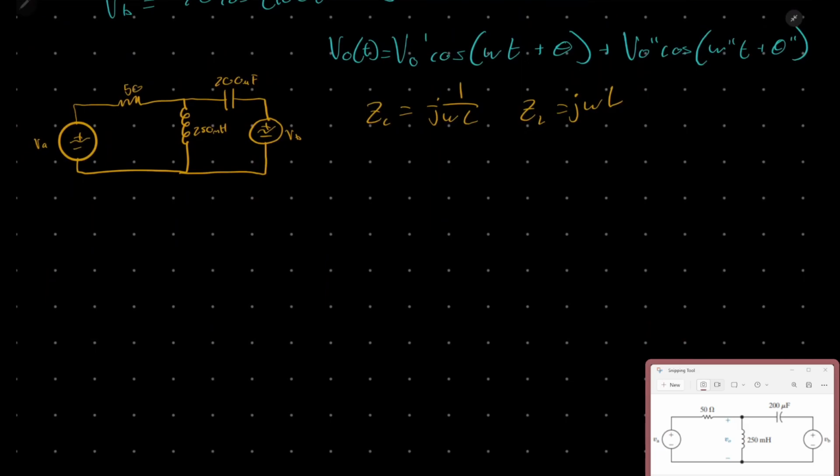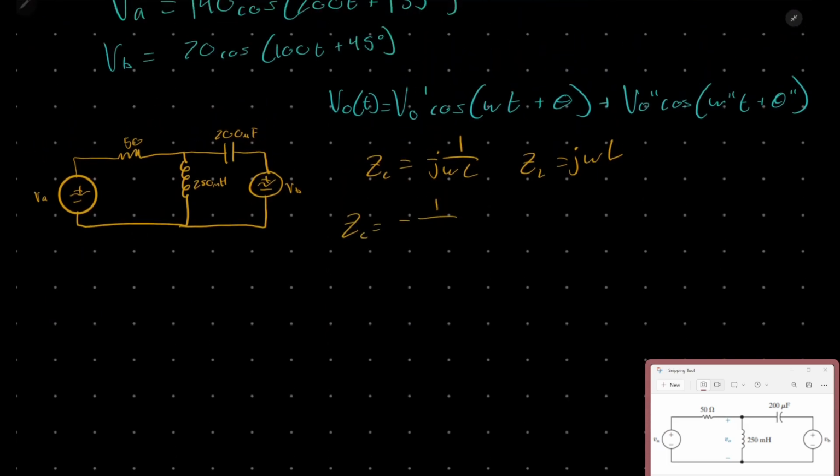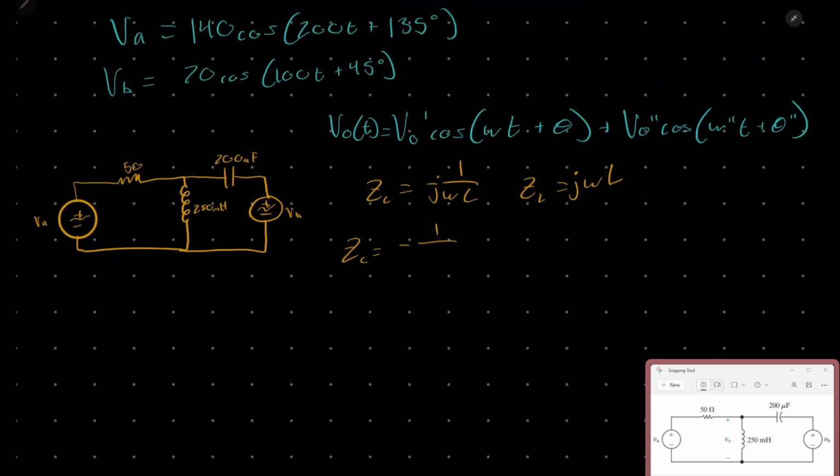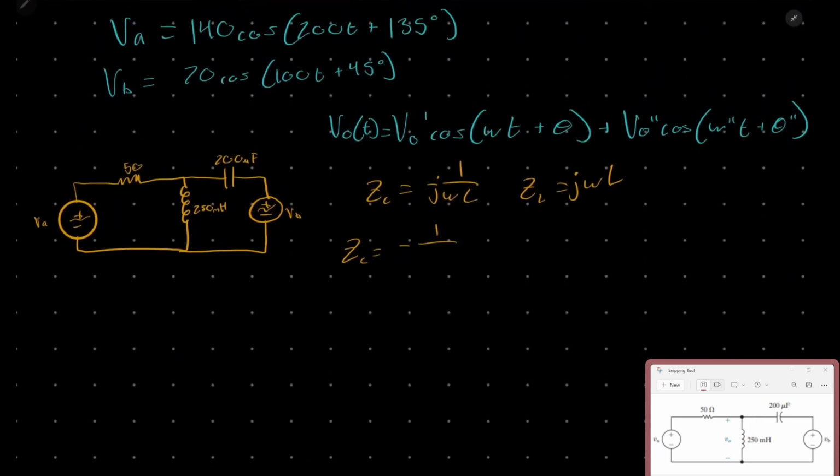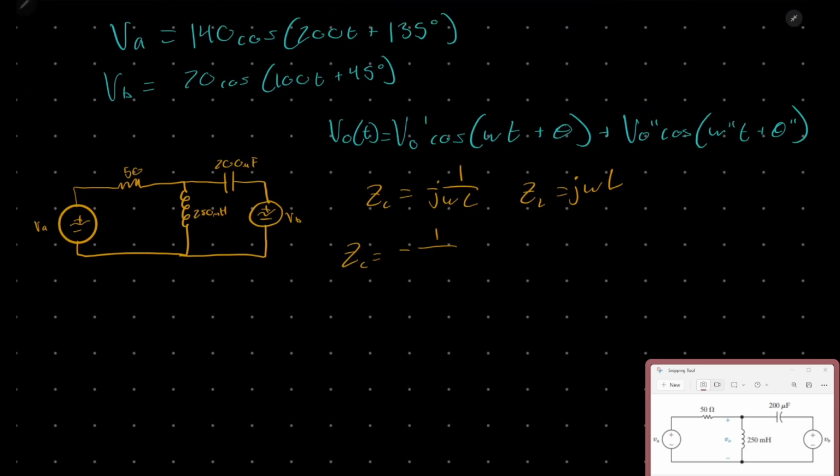So with that in mind, let's calculate the impedance for this capacitor right here. It'll be negative 1 over... let's actually choose, we have to choose a voltage source to start out with. We'll start out with this one right here.